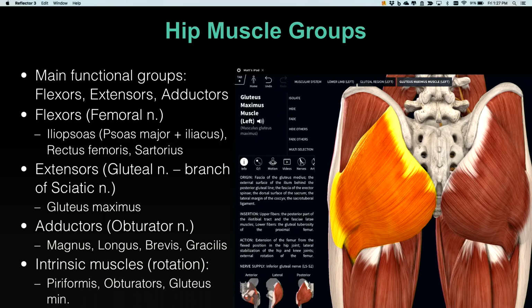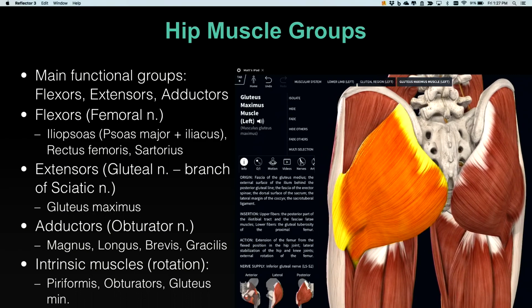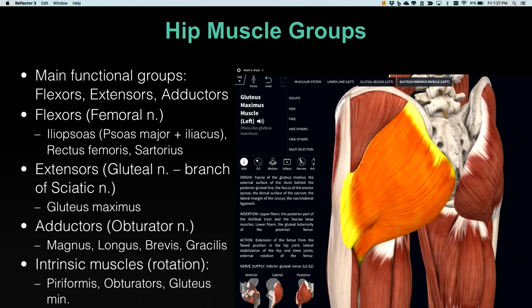Now the insertion obviously will be the gluteal tuberosity on the back of the femur, but you can see there's a little bit of mixing with this large tract or band of fascia on the lateral side of the leg. There's a little dispersion of Gluteus Maximus as it goes to its insertion. It attaches to the bone directly on the femur to be able to extend the leg proper.